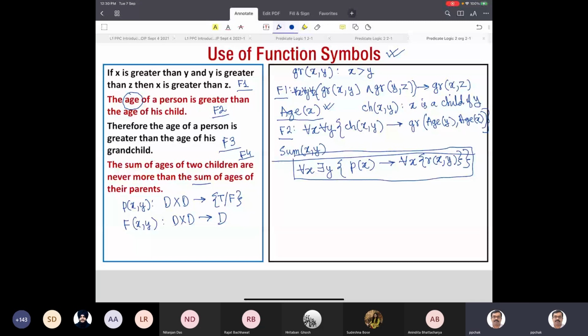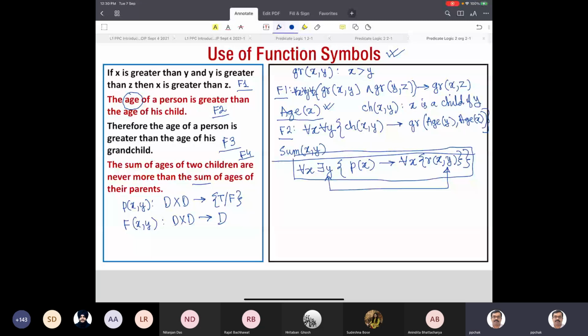I've written a formula. For all x there exists y, P(x) implies for all x R(x, y). Now this y obviously is unique and corresponds to this y.